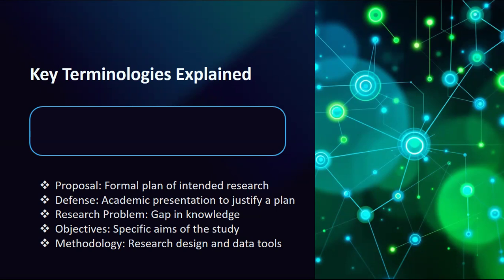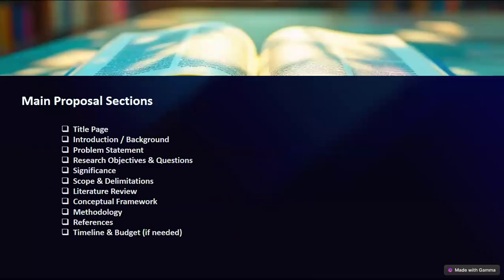Then you have your objectives. The objectives are the specific aims of your study, right? So you have your general objective, then the specific aims of your study. The methodology shows your research design and then the tools you intend to use for the research.